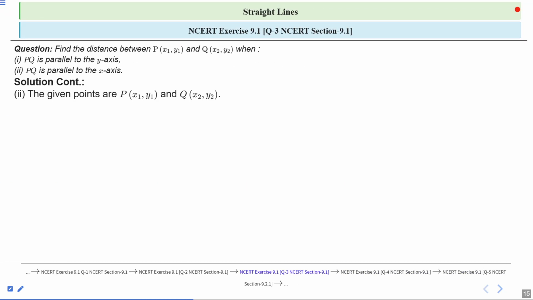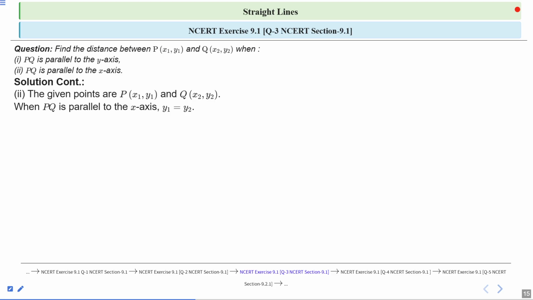So the given points are here P(x1, y1) and Q(x2, y2). And when PQ is parallel to the x-axis, in that case the y-coordinates of P and Q will be equal.